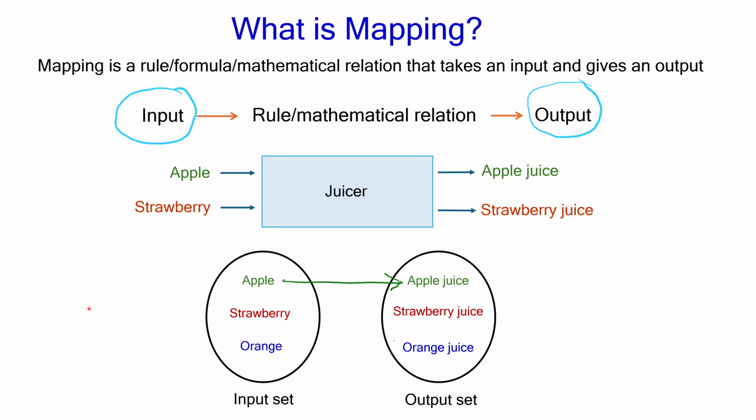Same with strawberry and orange juice. And apple juice, strawberry juice, orange juice, this is the output set. And these arrows are for the mapping. For example, this arrow shows apple maps to apple juice, strawberry maps onto strawberry juice.